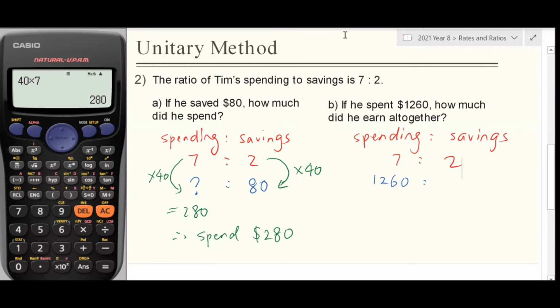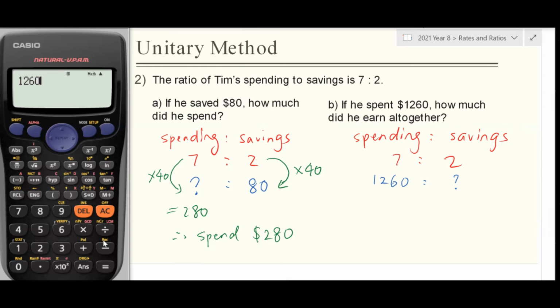Now, the first thing I'm going to do is write down a question mark for the amount of savings. After we find that value, we can then add all the money together to find out how much he was able to earn. I'm going to see if 7 can be divided into 1,260 easily.